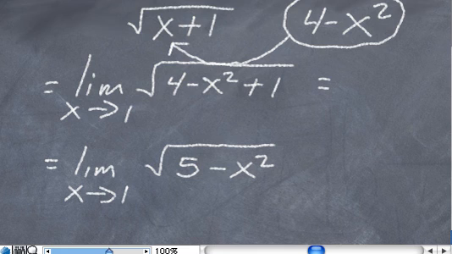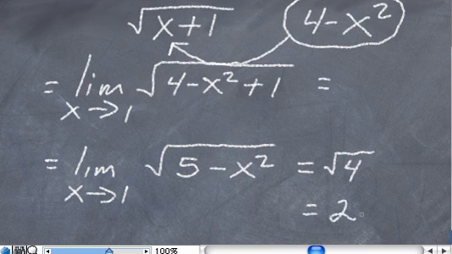Alright, and then we do the direct substitution, plugging 1 directly in. And so we get 5 minus 1, which is 4. And we end up with our answer as 2.